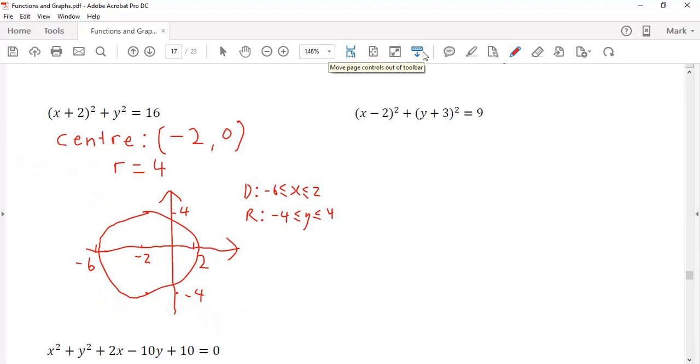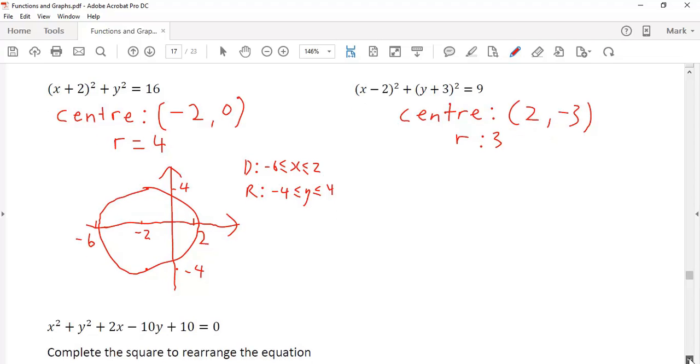But from looking at it, you can tell that the center is going to be, since it's minus 2, it's going to be just a normal 2, so it moves to the right 2. And since it's positive 3, it moves negative 3. And then your radius should just be 3. So you guys can graph that one and just write the domain and range on your own.